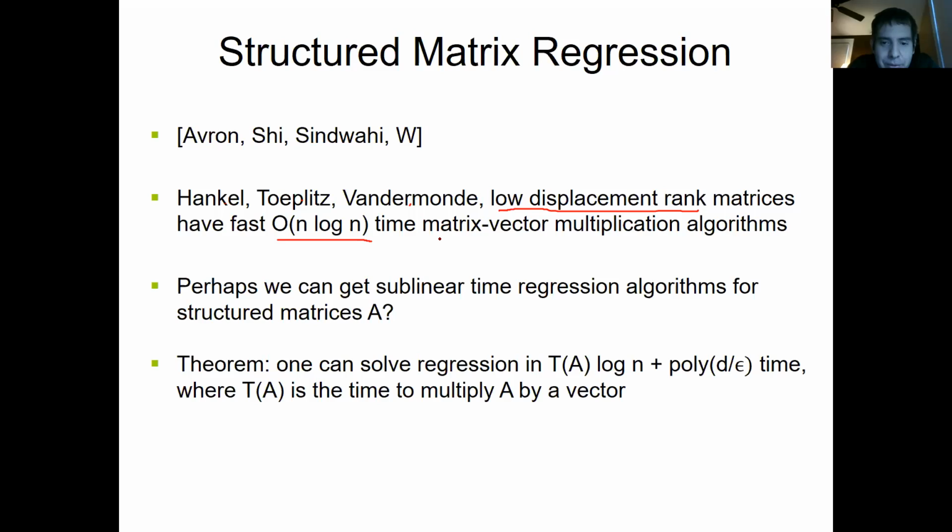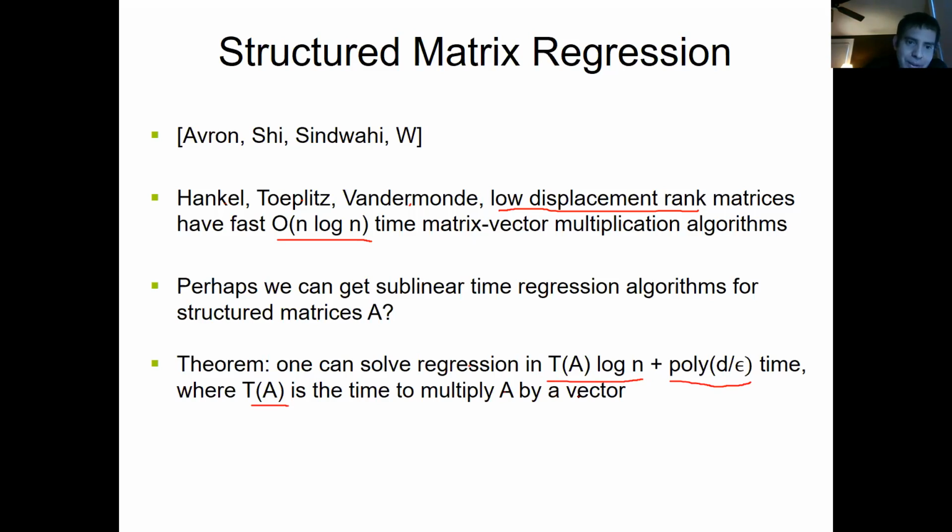It turns out that there's a very general theorem that says you can solve regression in T of A log n time plus poly d over epsilon, where T of A is just the time needed to multiply A by an arbitrary vector. T of A is always at most n times nnz of A, as we've seen, but it can actually be much less for structured matrices.